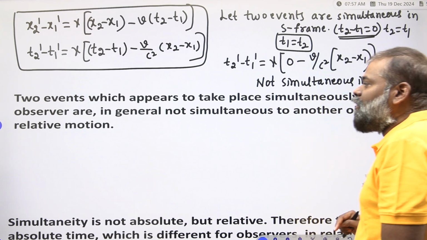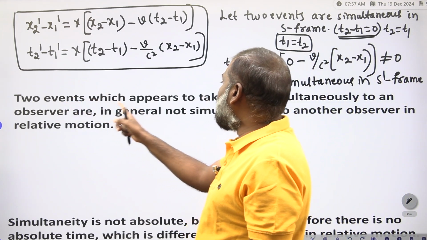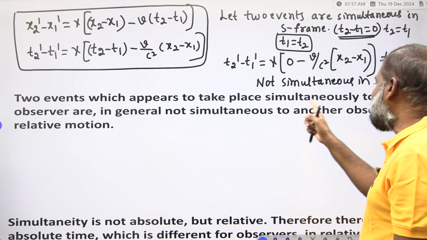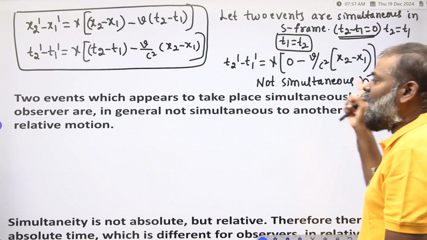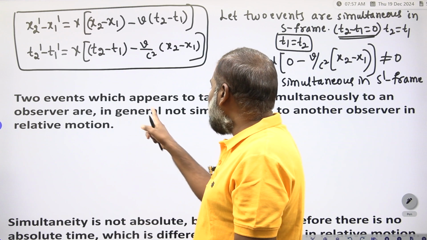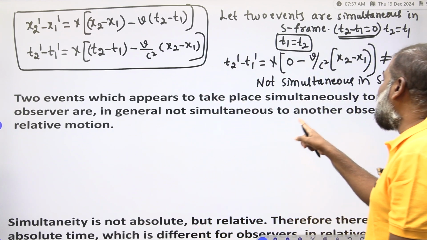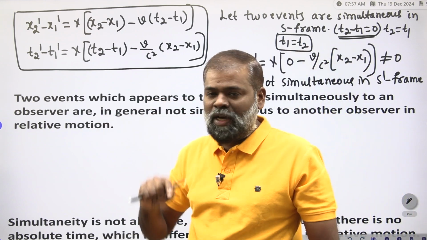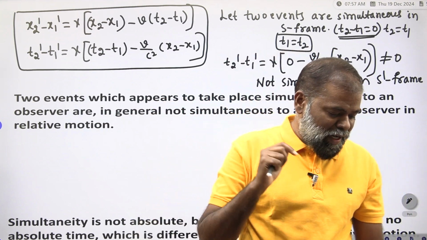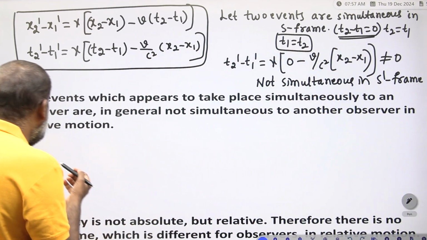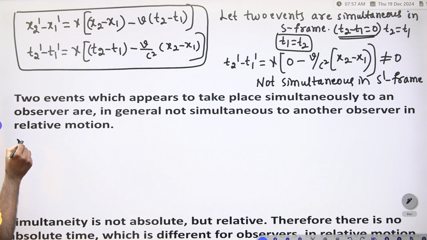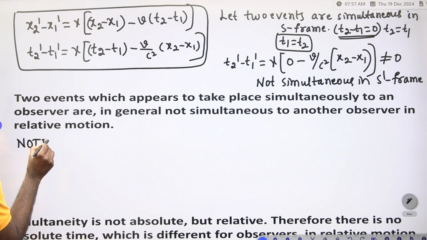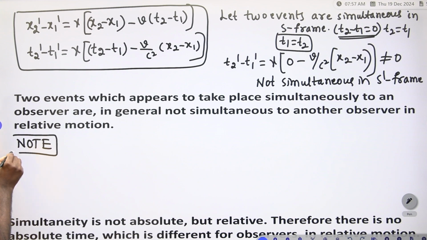That is why we write: two events which appear to take place simultaneously to one observer are in general not simultaneous to another observer in relative motion. Clear? Now one more note.